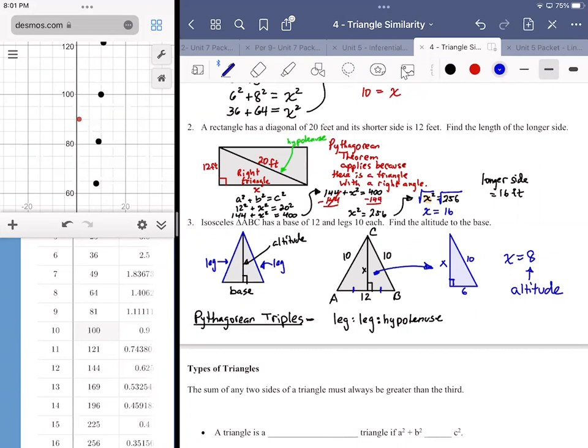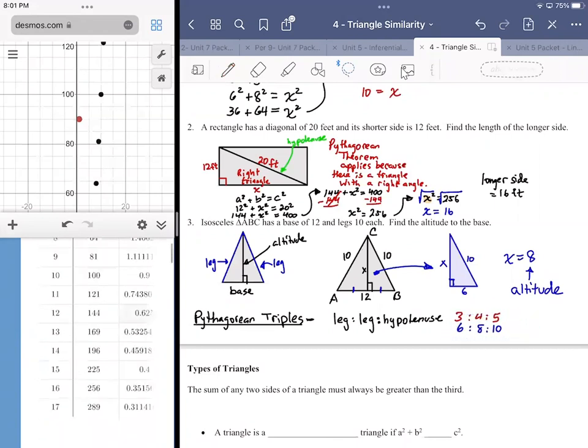But if I take that 6, 8, 10 and divide each of those values by 2, I get 3, 4, 5, right? So if I divide each by 2, I get 3, 4, 5. That's another Pythagorean triple. Those would also work in the Pythagorean theorem.